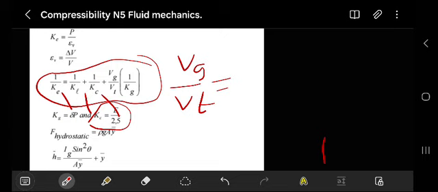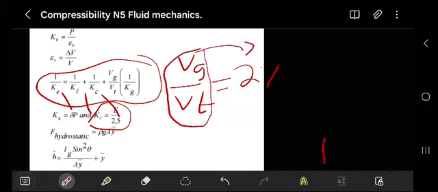Let's say we are given 2%, right? Because this is in fraction, it must correspond, so when you change this to a fraction it will be equal to 2 over 100.